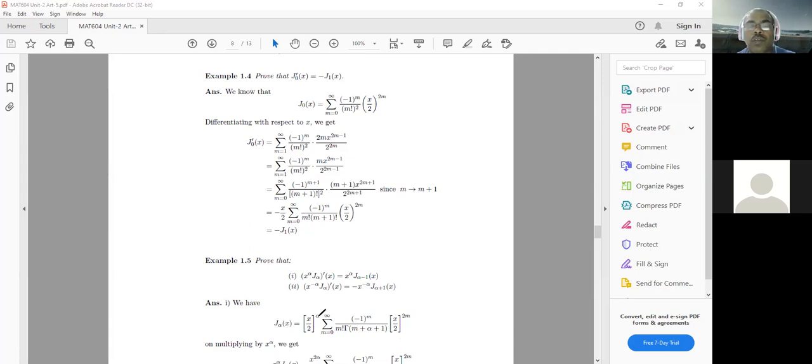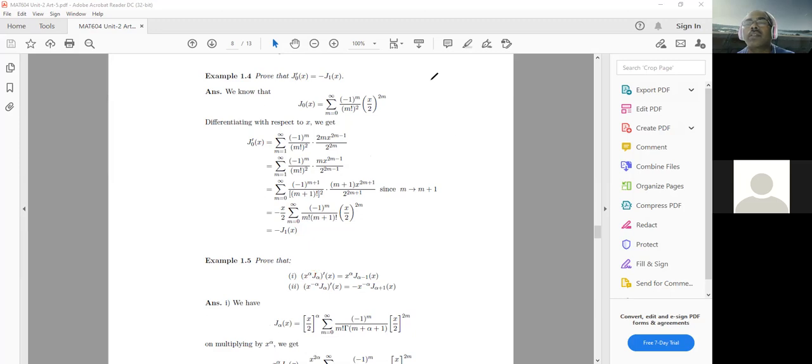So whenever we put alpha is equal to 0, this goes, this is 1, and here this is nothing but only m plus 1. Yeah. So this is a Bessel function of order alpha, and we multiply this because in the left hand side we need the product of the Bessel function of order alpha with x to the power alpha. So we obtain from this by multiplying x to the power alpha. We have the next term.